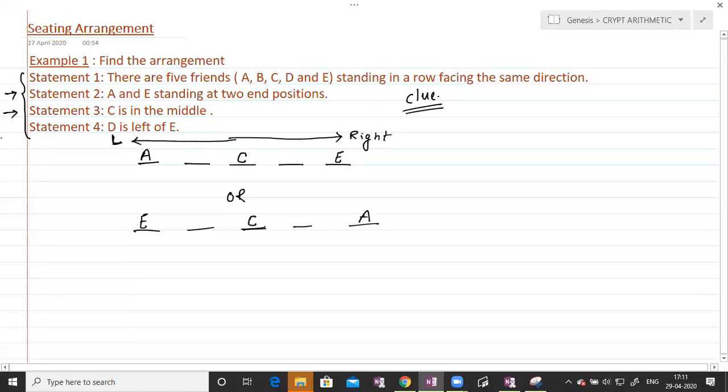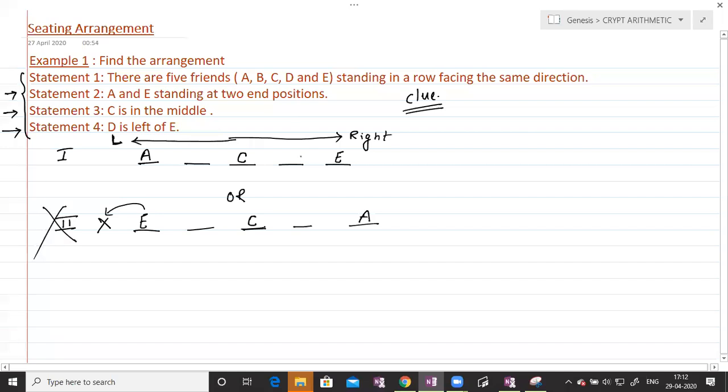Now look at the fourth statement. The fourth statement gives the complete information regarding these two cases. This is the first case, this is the second case. Statement 4 says D is left of E. If I take the second case, there is no position here, the left of E, no position. That's why I should not take the second case.